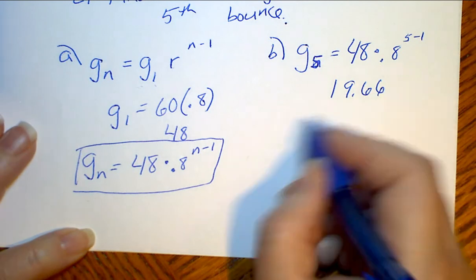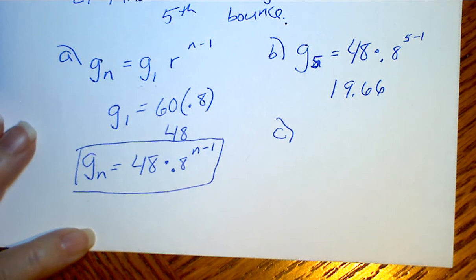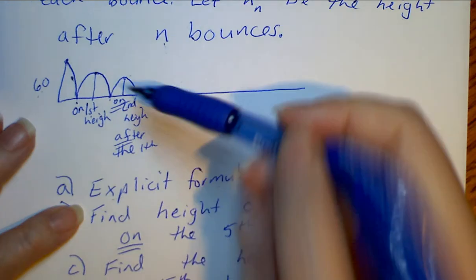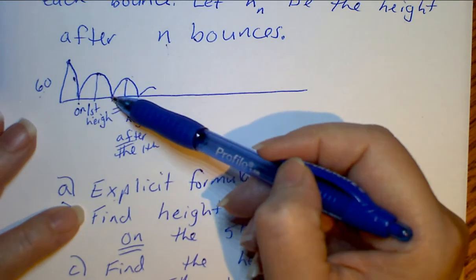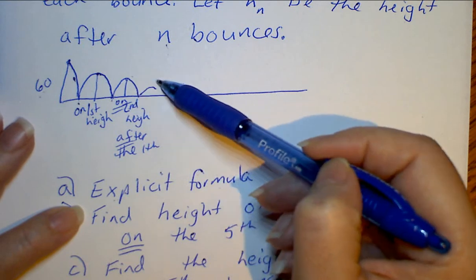And the last one, C, says to find the one after the fifth bounce. That means if this was the fifth bounce and that was the height of it, it wants the one after it. The one after it would be the sixth bounce, or the sixth height.